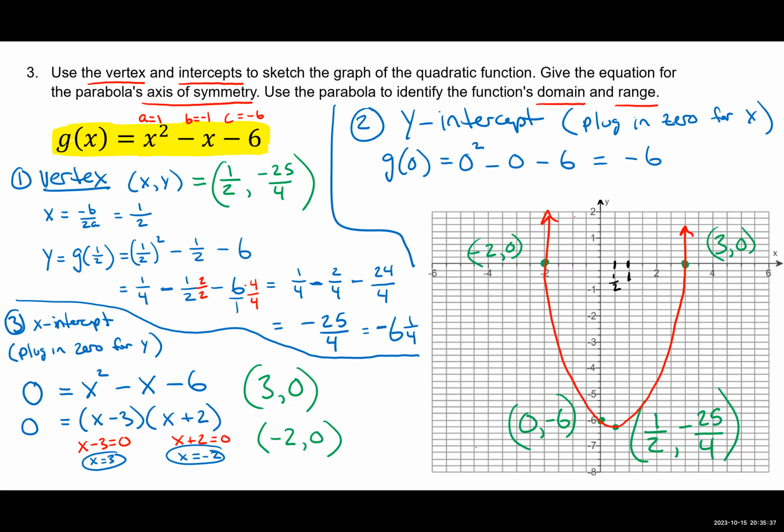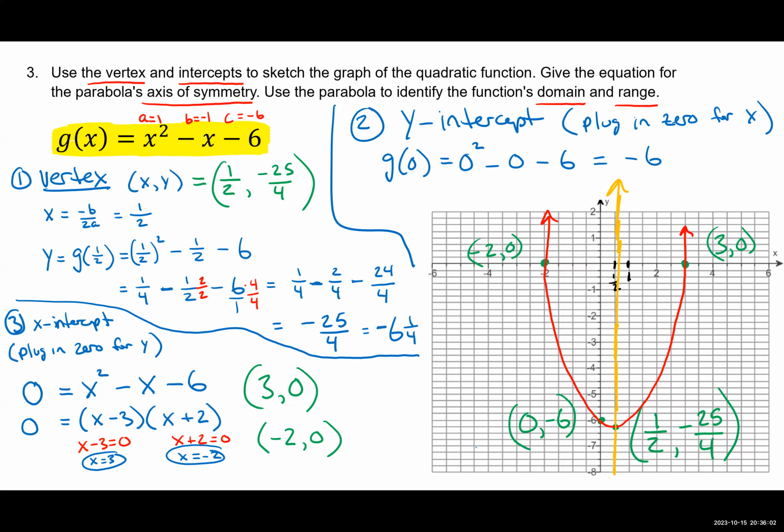Now, the axis of symmetry. We've already done the work for the axis of symmetry. Now let me use orange. I'll use orange for the axis of symmetry. It's the line that cuts the parabola up into two equal, identical halves.